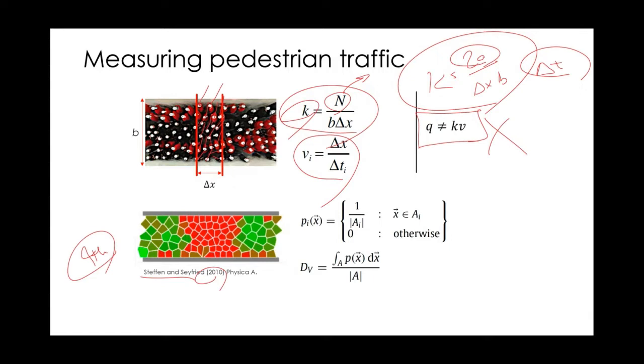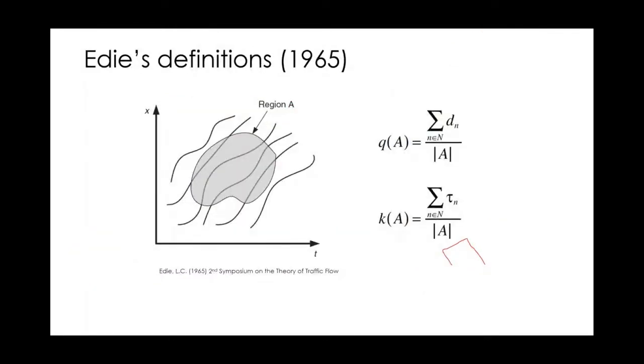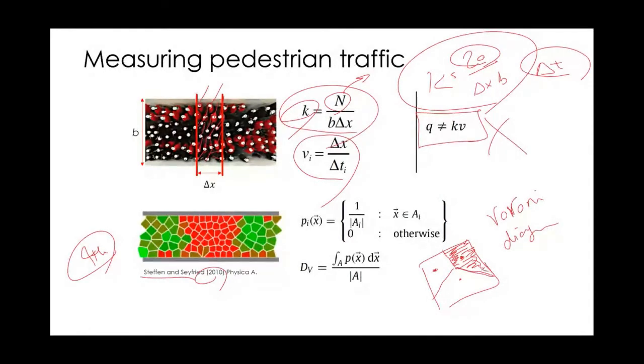In this case, they use something called a Voronoi diagram, which basically says if I have an area and these are some points in it, or pedestrians, I can specify a space around each pedestrian. And then I can measure the local density for each pedestrian separately, depending on how much space this pedestrian has around it.